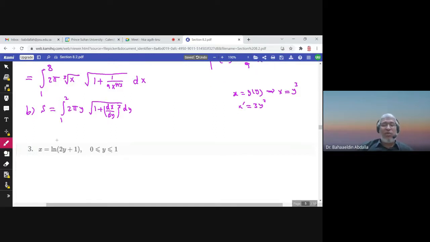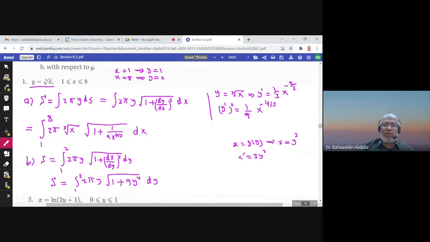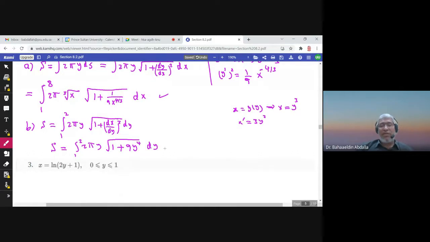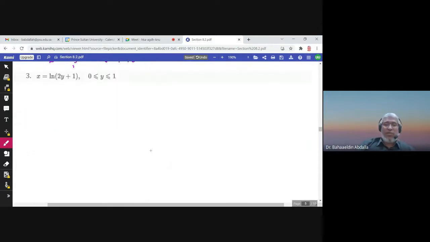So this integral would be from 1 to 2 of 2 pi y times the square root of 1 plus the square of this, which is 9y to the power 4, dy. And this is the integral with respect to y. You can use your calculator to evaluate this integral and the previous one, and they must give you the same answer.